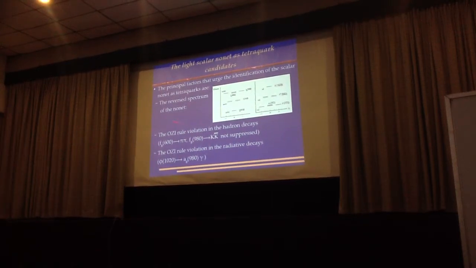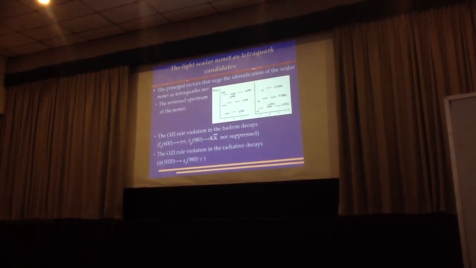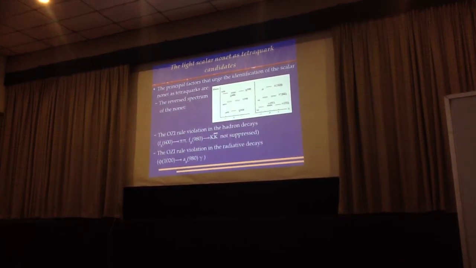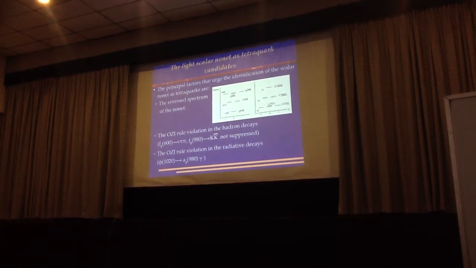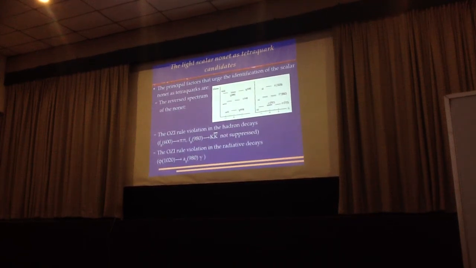We can see that we have an isotriplet that is lighter than all the others, because it is composed of only non-strange quarks. Then we have a strange meson, and then the heaviest one is the isoscalar, which is composed of one strange quark and one strange antiquark.